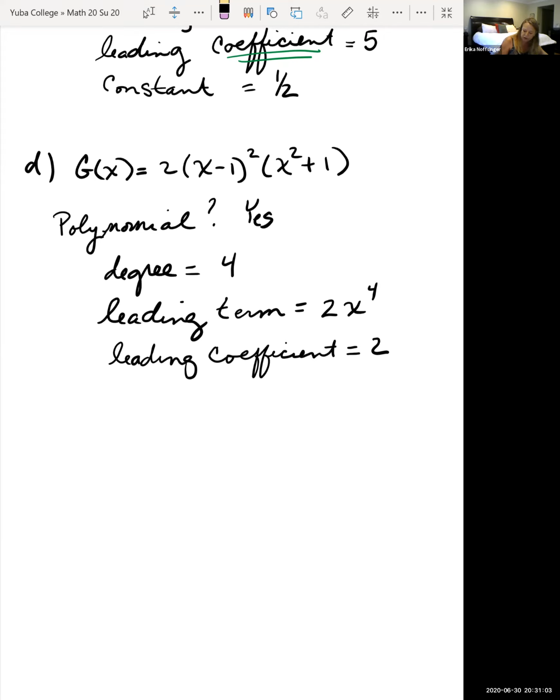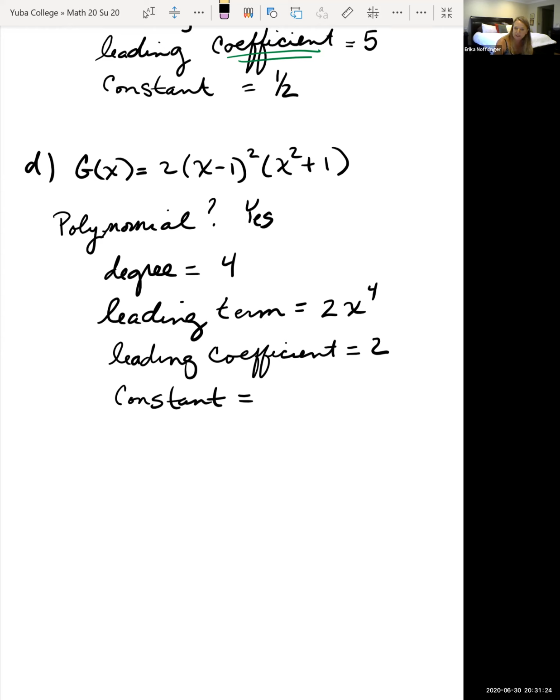And then one more question, what do you think about the constant? What would we get back for the constant? Yeah, so 2 is correct.